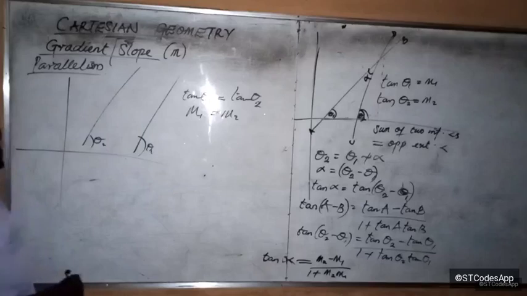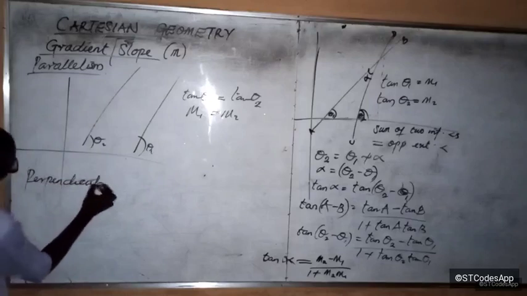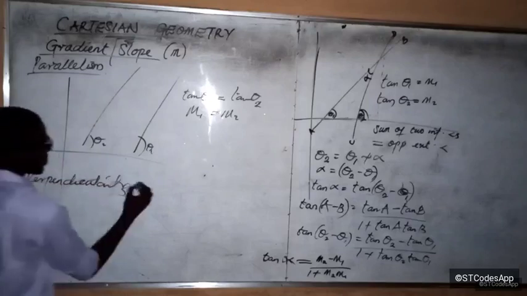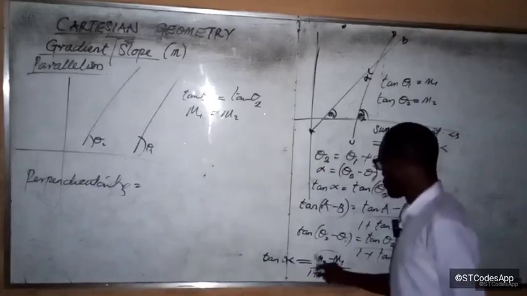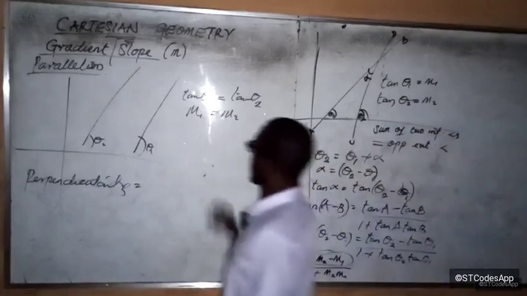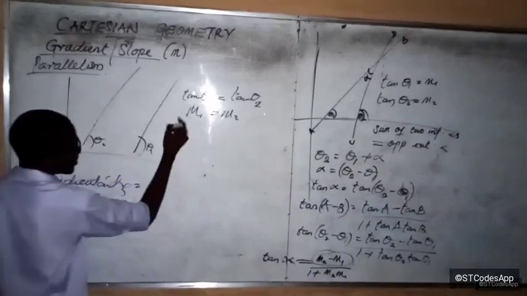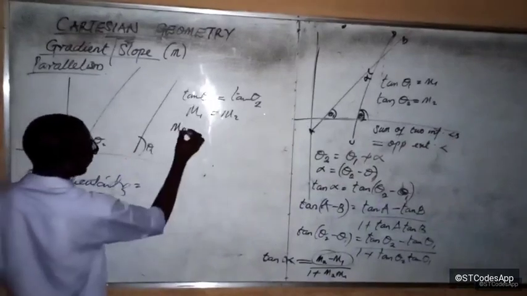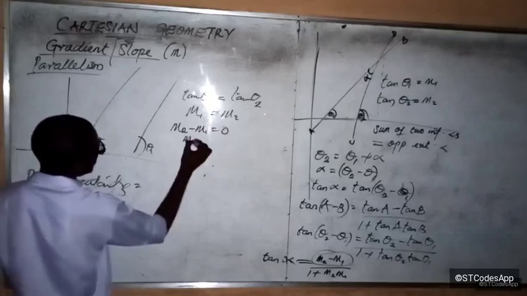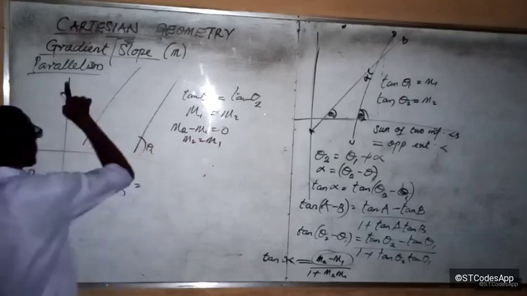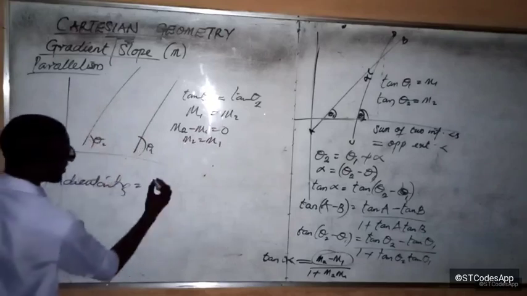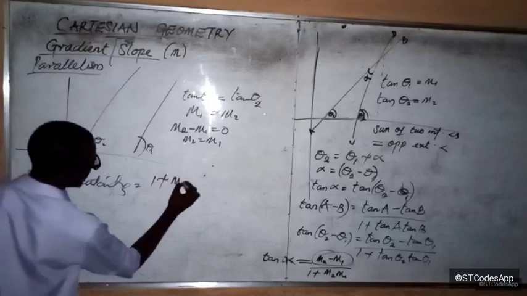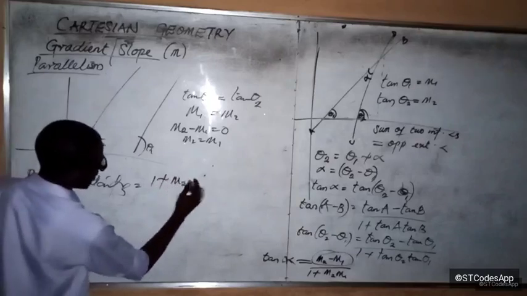And the condition for perpendicularity: for parallelism, the numerator is 0, so m2 minus m1 is equal to 0, so m2 is equal to m1. While the condition for perpendicularity is the case where the denominator is equal to 0, 1 plus m2 m1.